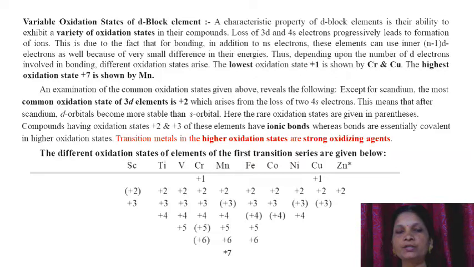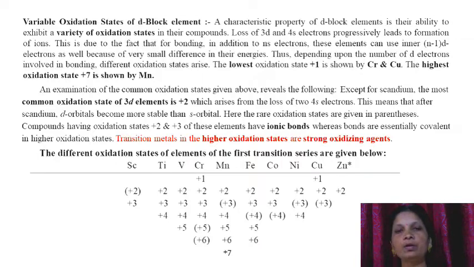Compounds having oxidation states +2 and +3 of these elements have ionic bonds, whereas bonds are essentially covalent in case of the higher oxidation states, that is from +4, +5, +6 and +7 we see covalent bonding. Transition metals in higher oxidation states are strong oxidizing agents.